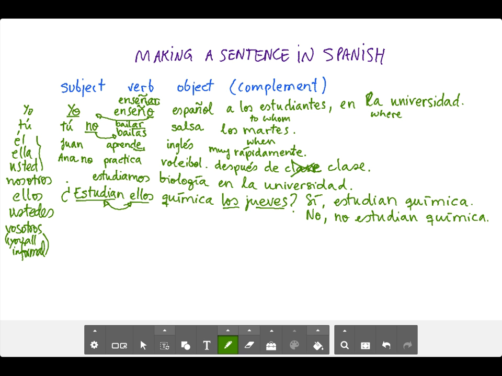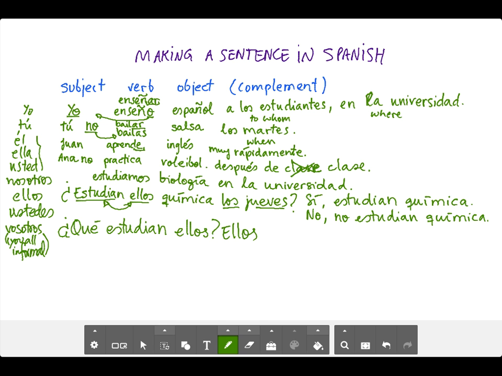And last but not least, tenemos las frases, las preguntas that require an object or to complete part of the answer. So, for example, ¿qué estudian? What do they study? ¿Qué estudian ellos?